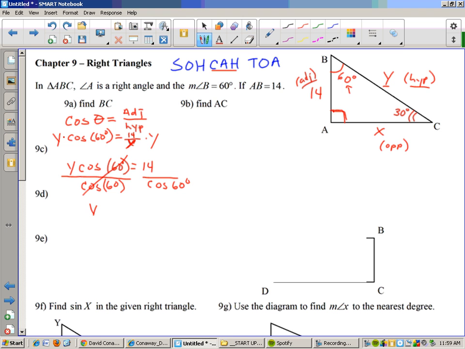So y equals 14 over cosine 60. Please divide 14 by cosine of 60 degrees in your calculator. Make sure that you have the calculator in degrees, not in radians.